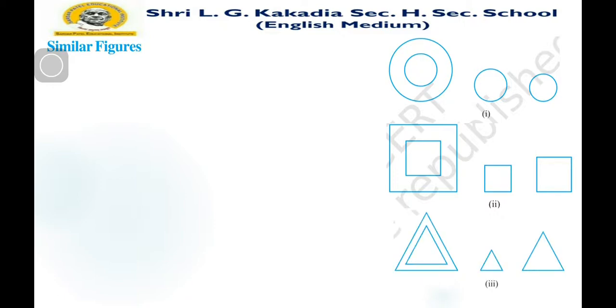And about the equilateral triangle: in an equilateral triangle, all the sides are equal. So if two equilateral triangles are given, we can say that these two equilateral triangles are similar to each other, as you can see here.